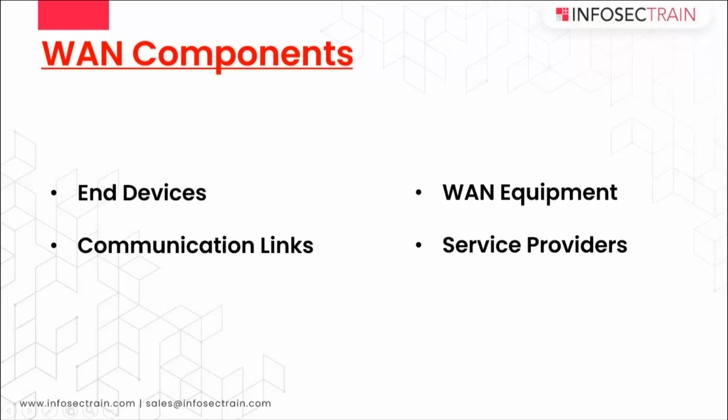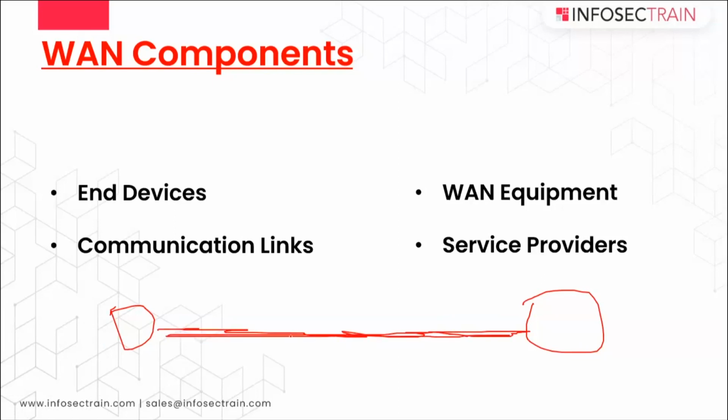Next we have communication links. So communication links are the physical connections, right? These are the physical connections that transmit the data between the devices, right? Now, if I have one device over here and another device over here, right? The entire link between them to communicate the data is what we call a communication link.